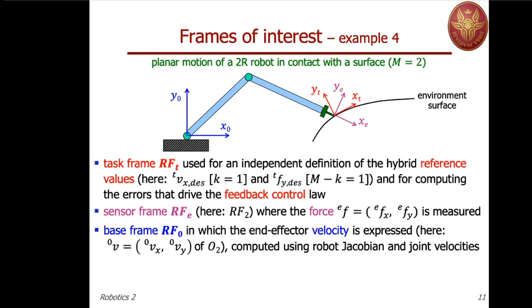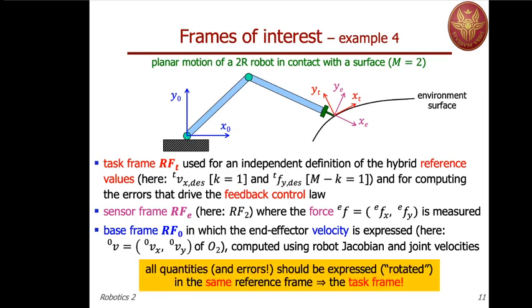So again, even if we are going in the right direction along the tangent, so along xt, indeed we will see components of velocity along x0 and y0 in both directions. So in order to understand if we are doing things correctly, so to generate an error and to react to this error, we should really move these quantities of the force or motion type all in the same frame. So we should in fact rotate and generate the error in the same reference frame, which is in fact the task frame.